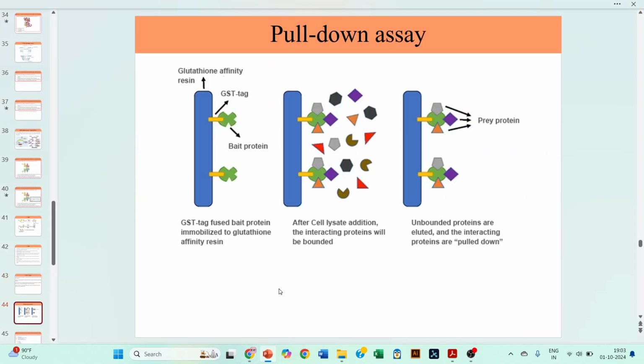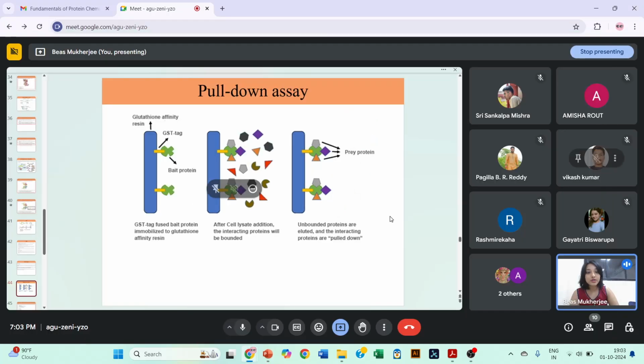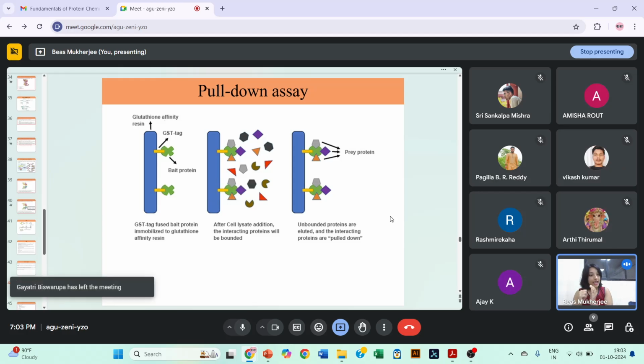Right. The next one is pull down assay. So in pull down assay, we have a particular tag which binds to a particular protein, and the other proteins that interact with this protein of interest also come out when we purify this particular protein of interest from the whole cell lysate, and this is called pull down assay.